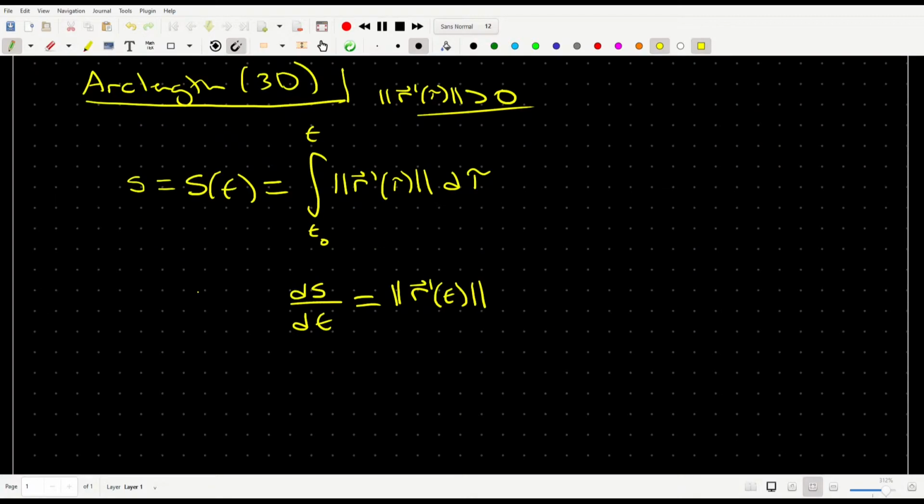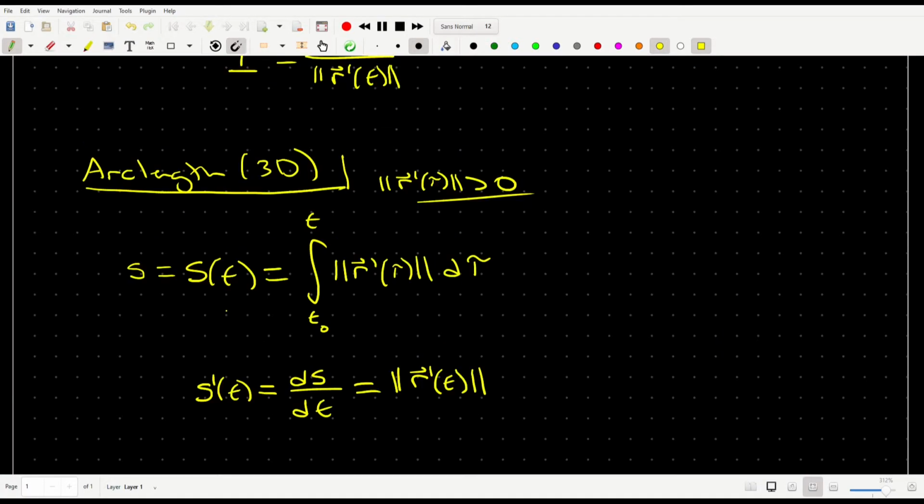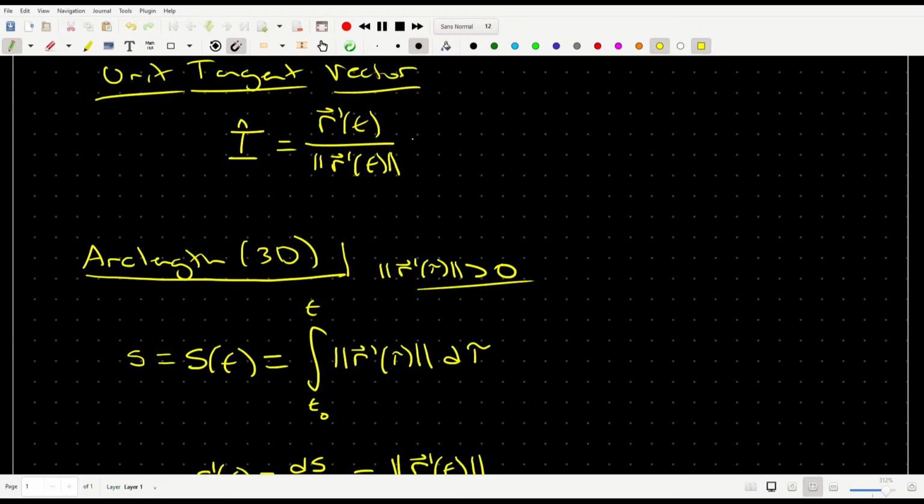This is also sometimes called s prime of t when we move back to the prime notation from single variable calculus. And this is also why we can say that this unit tangent vector is also the same thing as r prime of t over ds dt, or r prime of t over s prime of t.